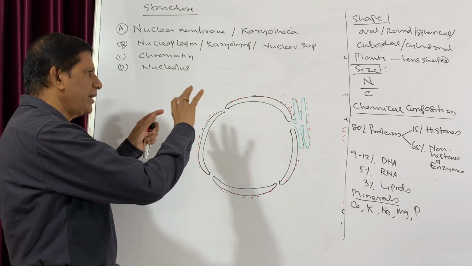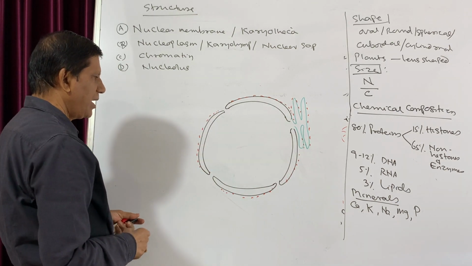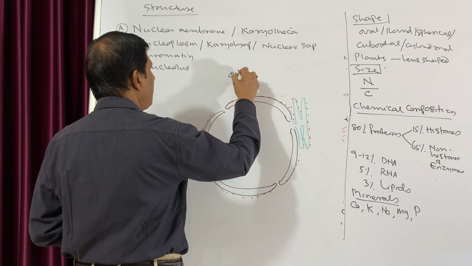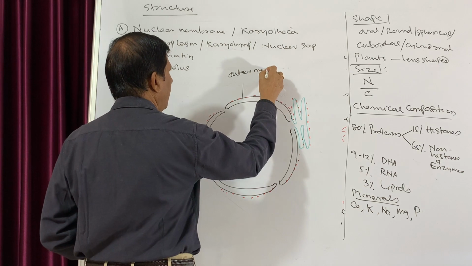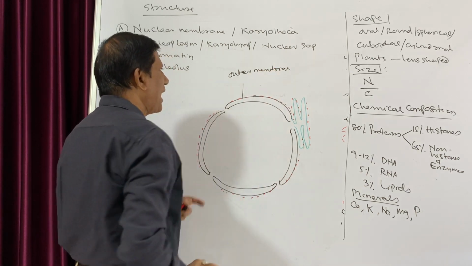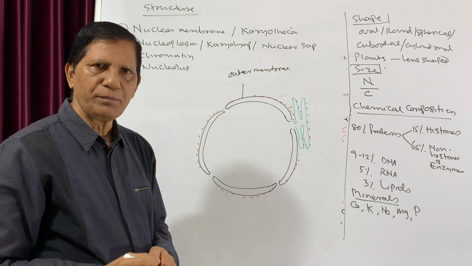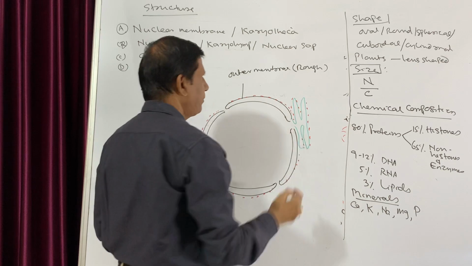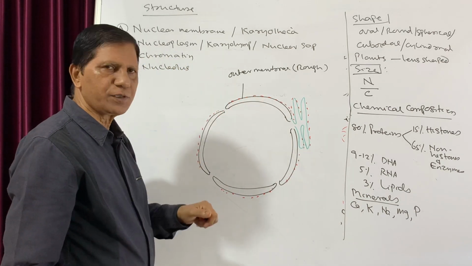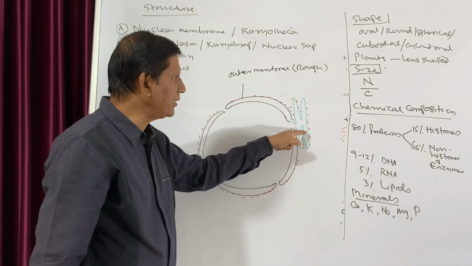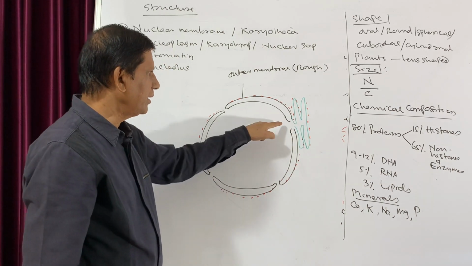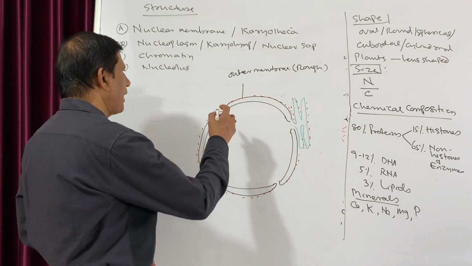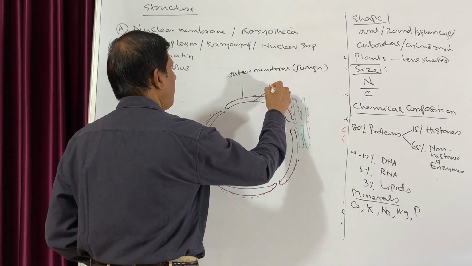That means the nucleus is surrounded by a double membrane structure, and this is the outer membrane. Now the outer membrane is usually rough because of the presence of ribosomes, and it may be directly connected with the endoplasmic reticulum at certain places, while the inner membrane is smooth.